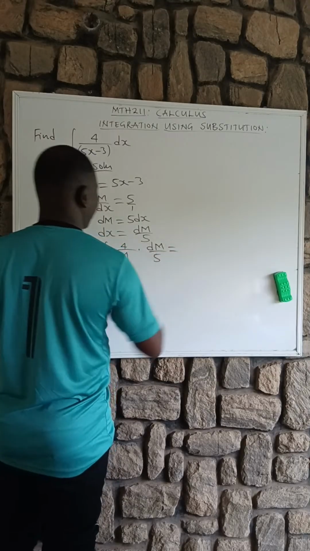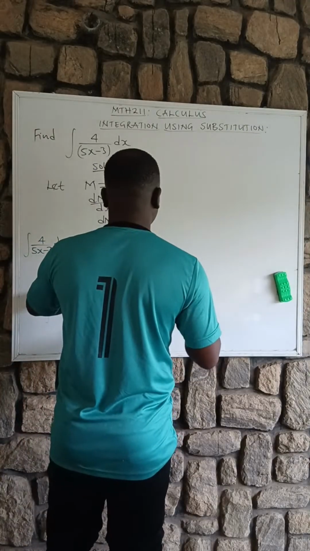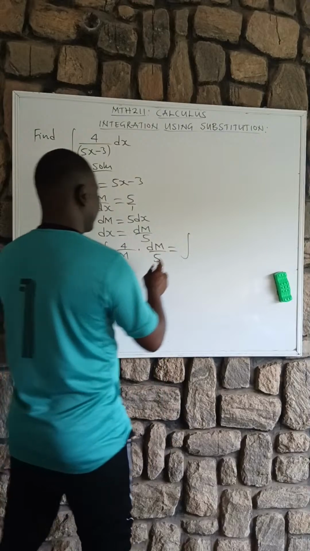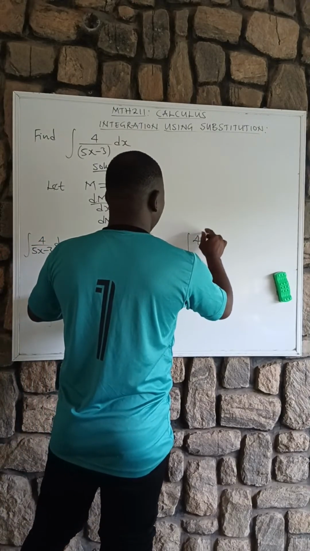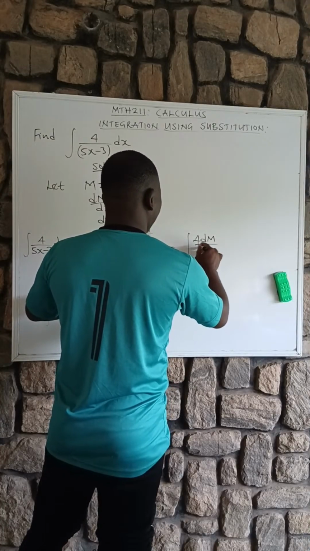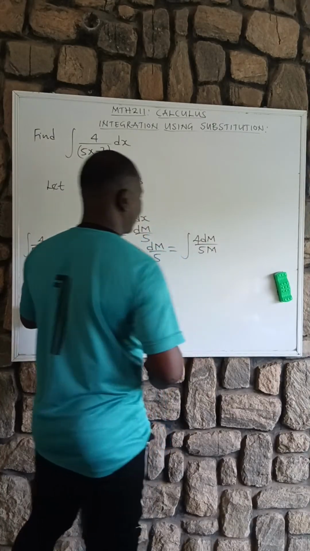So this is the same thing as integral, if you multiply this, we are going to have 4 dm all over 5m, true or false?